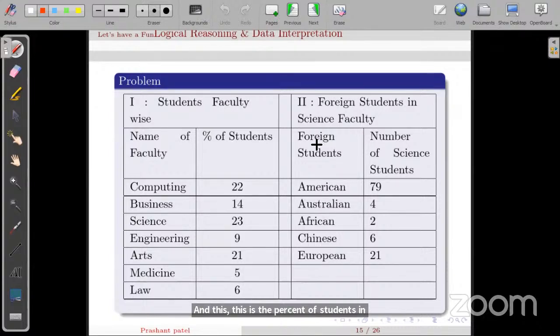On the other side, there are the foreign students in the science faculty. In the science faculty, there are American, Australian, African, Chinese, and European foreign students. So this is the situation given.